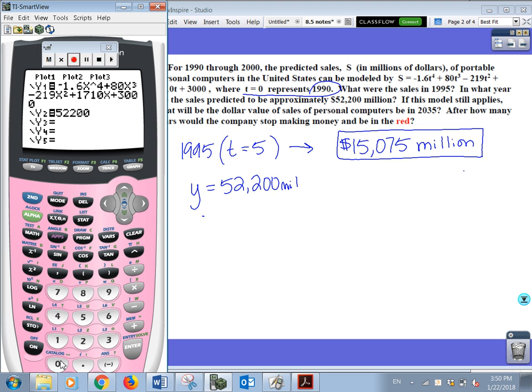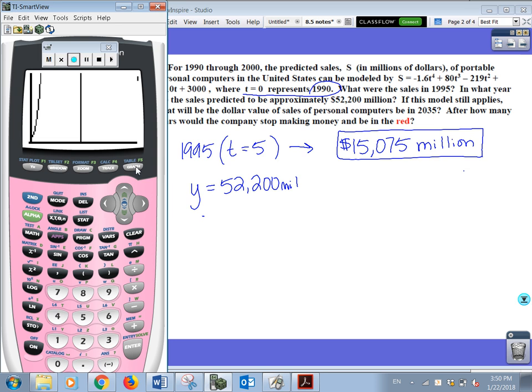It gave us the y value. Now remember, when we graph this, if we look at our window, our y max is at 100. This is at 52,200, so we need to be above. I'm going to go to 60,000. And now our x min and max, probably not going to work, so I'm going to change that. Because again, we don't care about any of the negatives. So now I'm going to graph that.